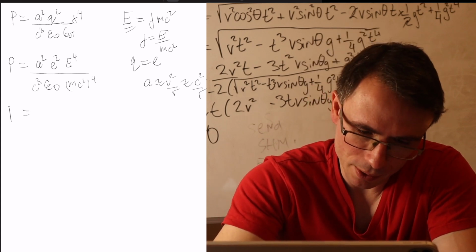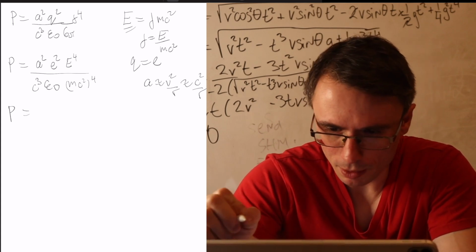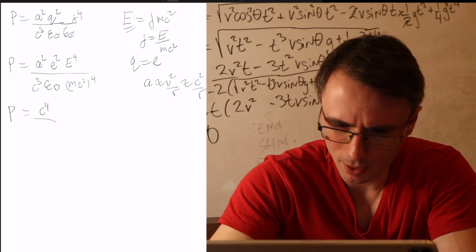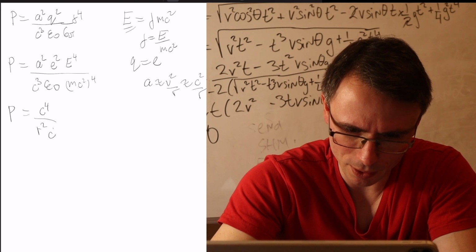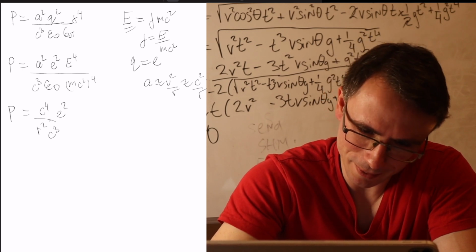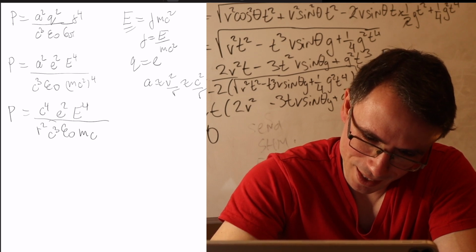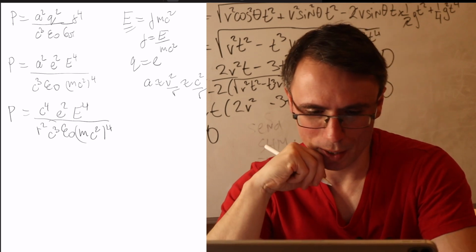Okay, so this means that the power is going to be equal to c to the power of 4 over r squared, c to the power of 3, e squared, E to the power of 4, epsilon naught, mc squared raised to the power of 4.